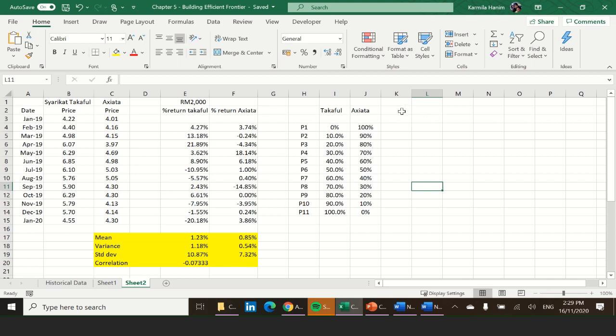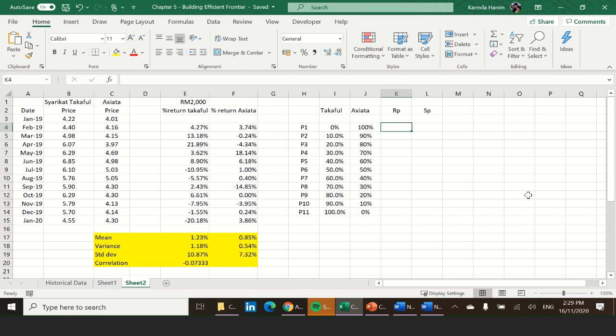So we also have to find the return for the portfolio as well as standard deviation for each of these portfolio. Okay, do you still remember how to calculate portfolio return and portfolio standard deviation?